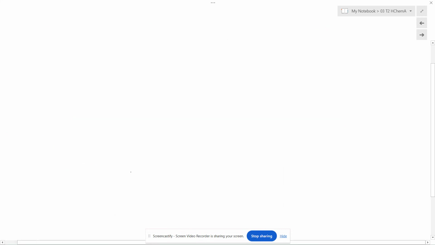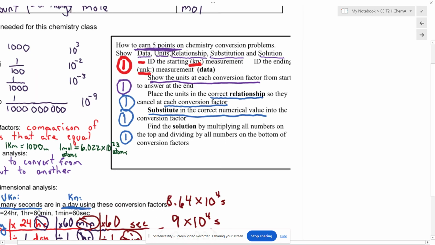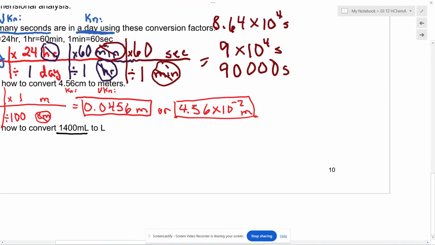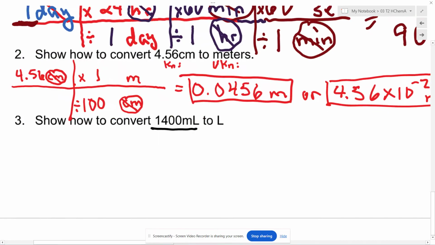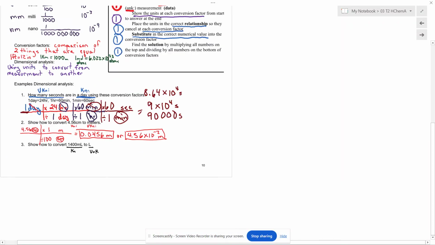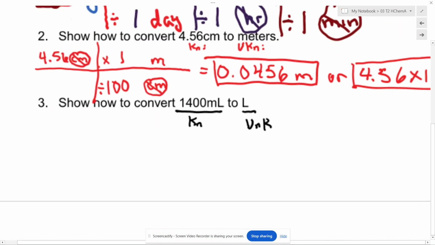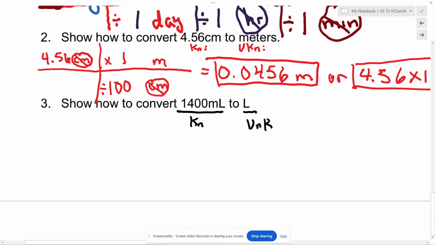So here is the thing. Thanks, computer. Thanks a lot. Here's the thing we know. Here is the thing we're looking for. Shazbot, that's all I can say about my computer.